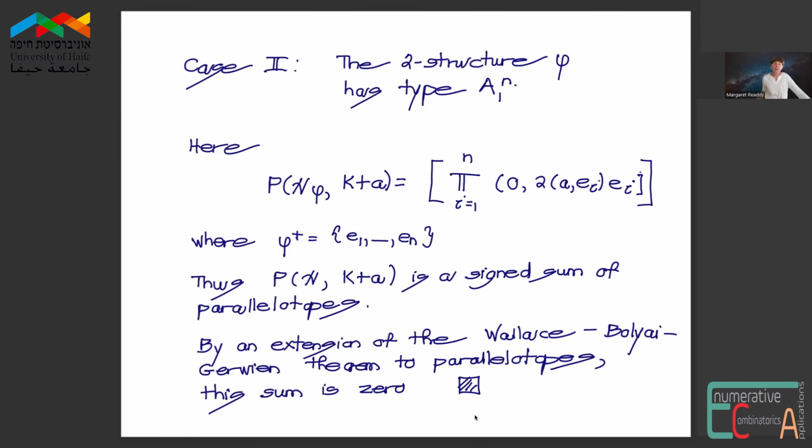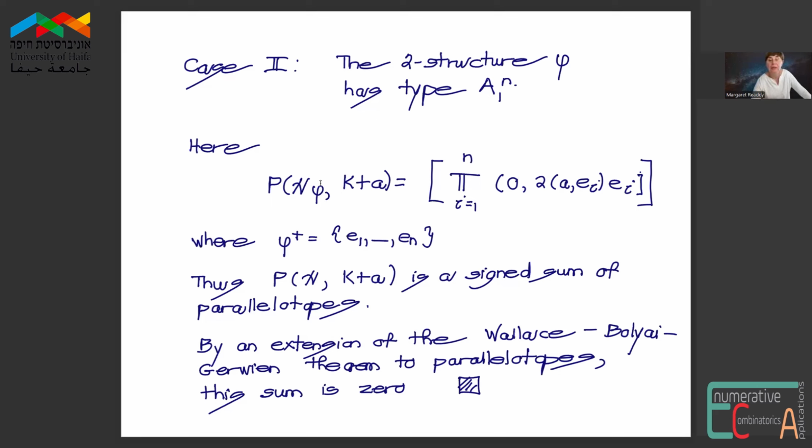So now let's go back to this second case in the abstract pizza theorem when your 2 structure has type A1 to the n. So here, the abstract pizza quantity looks like this.